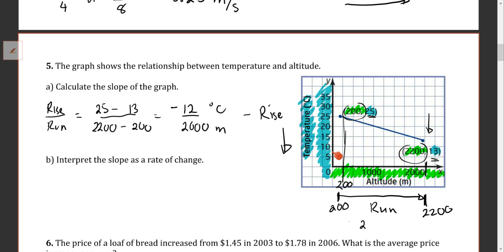Are you with me? Stay with me. So this is telling me as the altitude goes up, the temperature comes down. I'm starting to twig where the problem was.